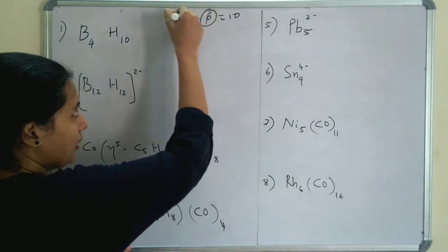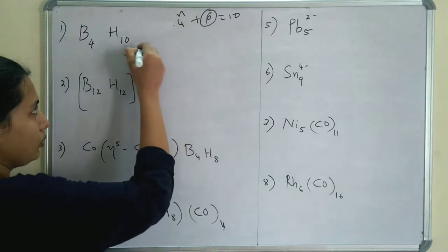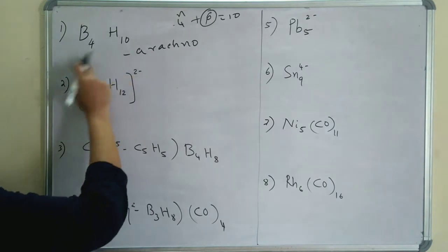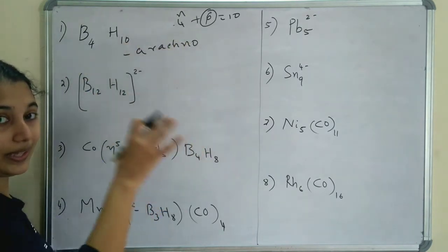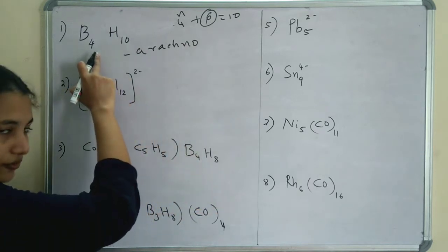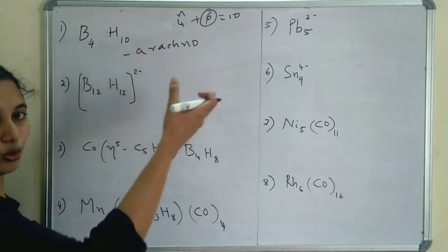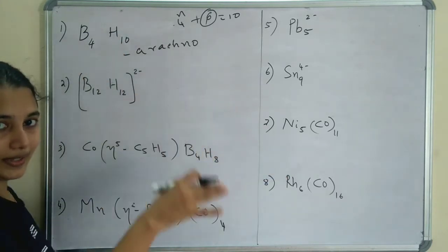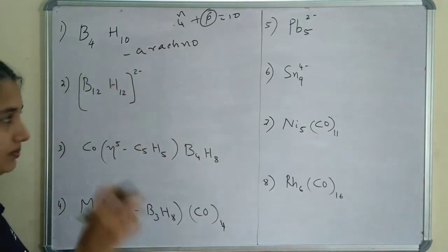So n+6 is Arachno. So B4H10 is Arachno in structure.